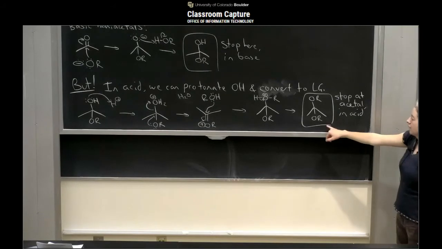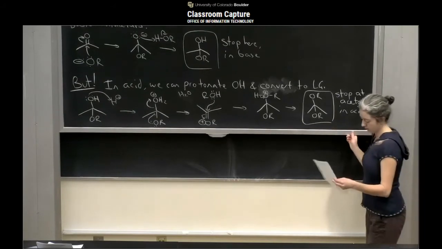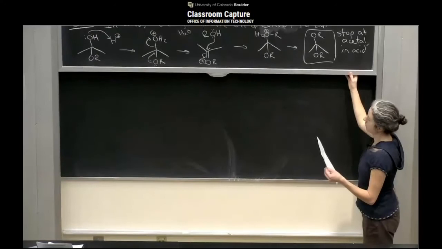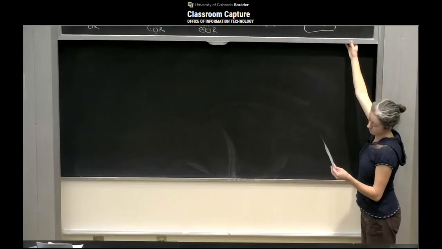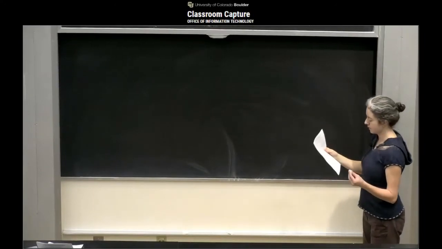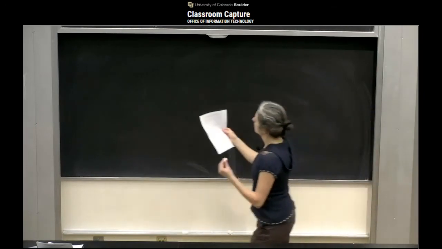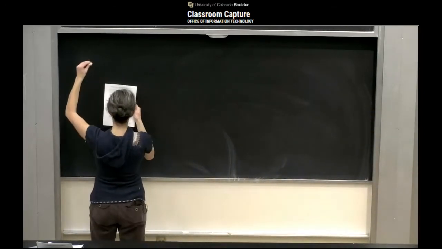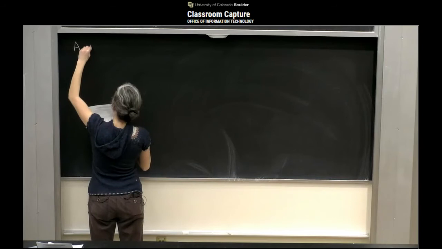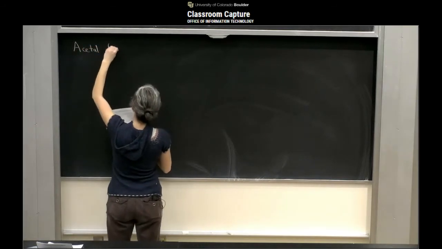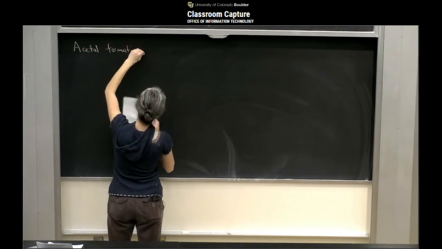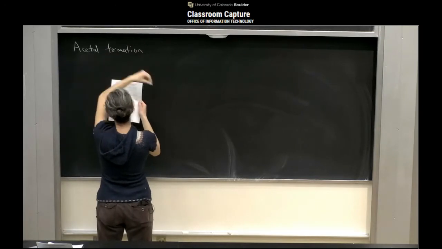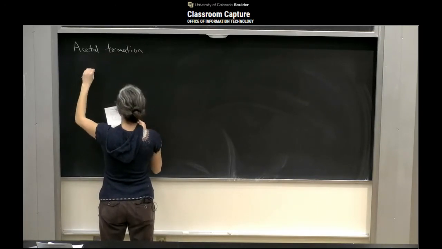So if you want to do hydrolysis, you can sort of drive it back towards the starting material as well. So basically, acetal formation, you want Le Chatelier on your side to drive it as far towards the product side as possible.